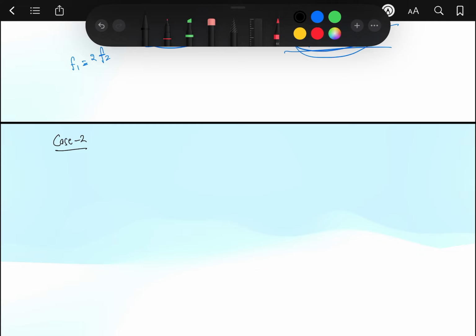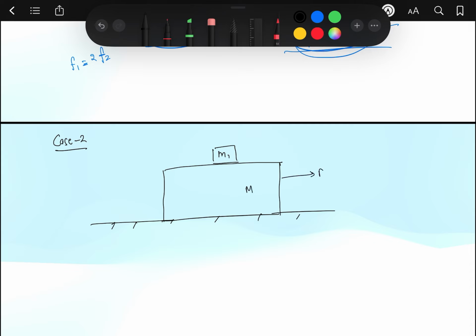Okay, and this M1 mass, it is here, and also this bigger block is here, and this is our ground, this is our M, and this is a force acting in this direction, and this is the string like this, and this is our M2. Okay, so this system is moving in forward direction with an acceleration a.